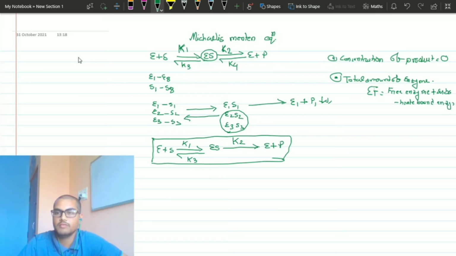Here the free enzyme is this one and this one, because the active site of these enzymes right now is completely free, and this enzyme will have to bind with its substrates.